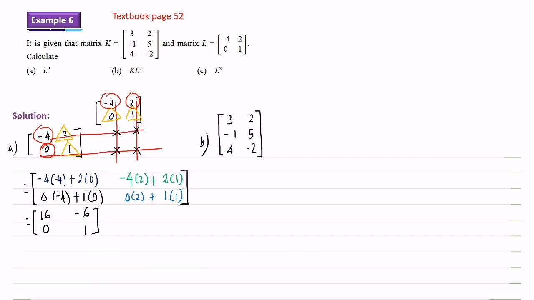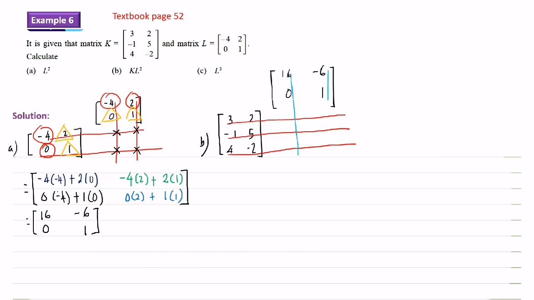Matrix L square we obtained just now: 16, negative 6, 0, 1. Okay, so we check the answer. How many rows, how many columns? 3 rows, 2 columns.